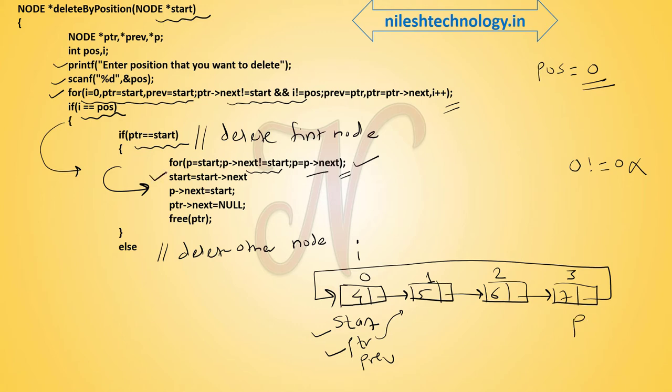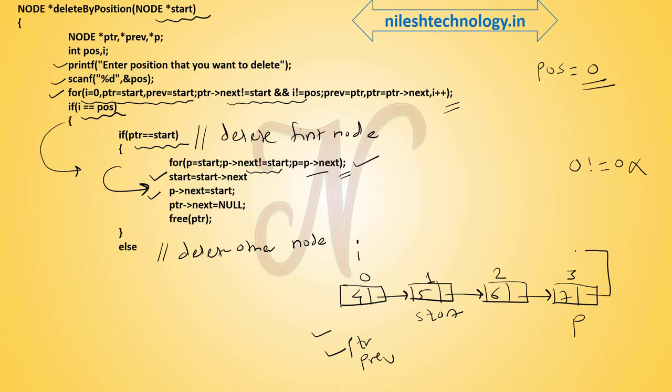The next line is start equal to start of next, so start is going to next. Here is the start. Then p of next equal to start, so this is your p of next. P of next is connected to the new start here. Then ptr of next equal to null. This is your ptr.